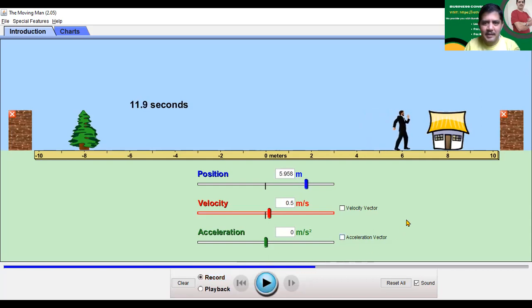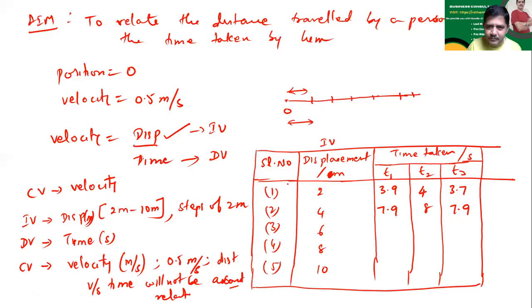11.9, 11.9. Okay. So let me write down those values in the table: 11.8, 11.9, 11.9. Okay. Let us do the next one.